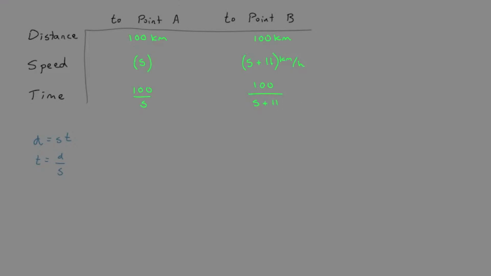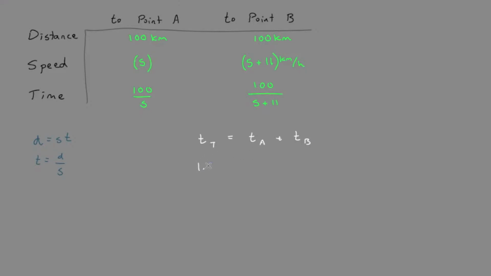Next, the question says the total time takes 1.9 hours. So if the total time, t total, equals time to point A plus the time to point B, we can solve by filling in this equation.